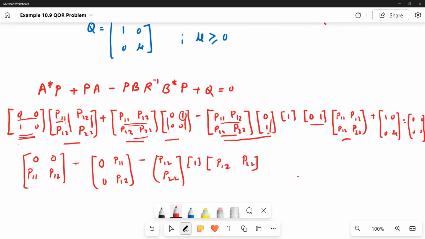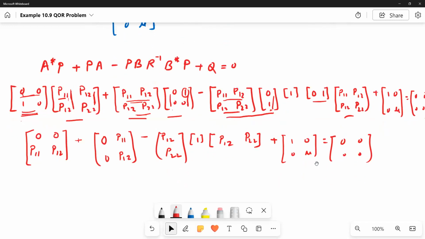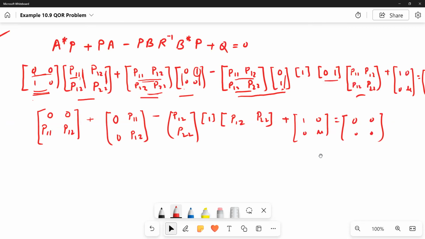So next is, keep the Q matrix as it is for now, 1, 0, 0, mu, and that should be equal to 0, 0, all 0. Okay, so next is, this matrix is not hurting us much basically.